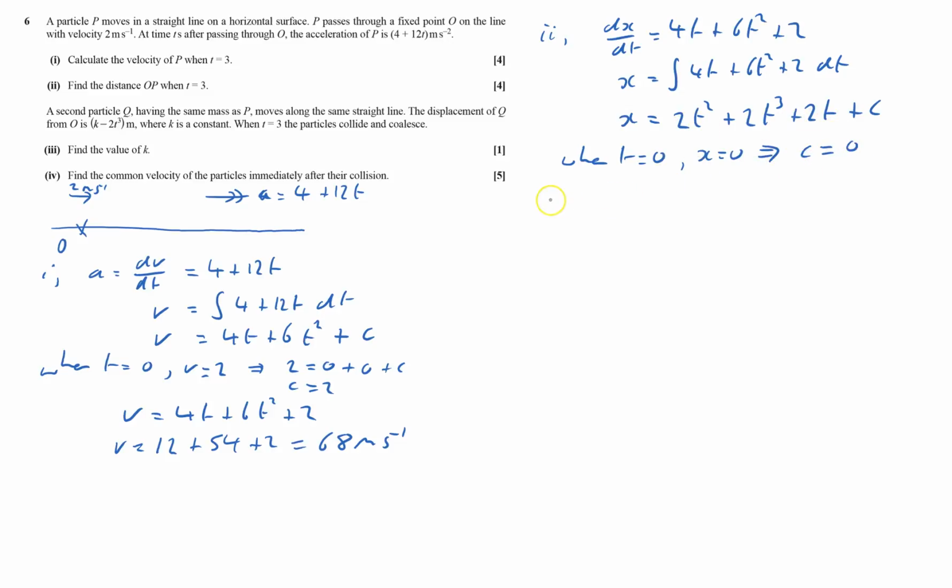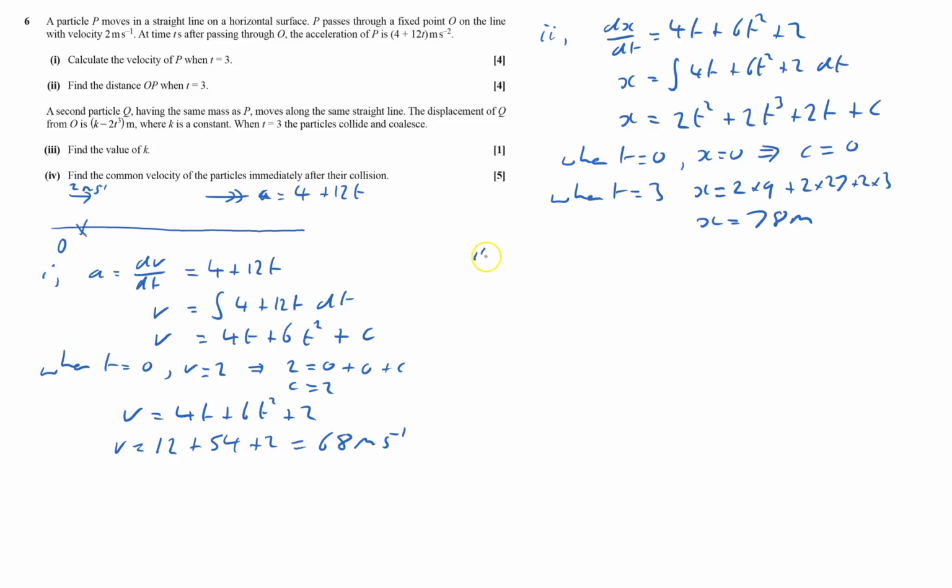So when t equals 3, x will equal 2 times 9 plus 2 times 27 plus 2 times 3, so x will equal 78 meters.